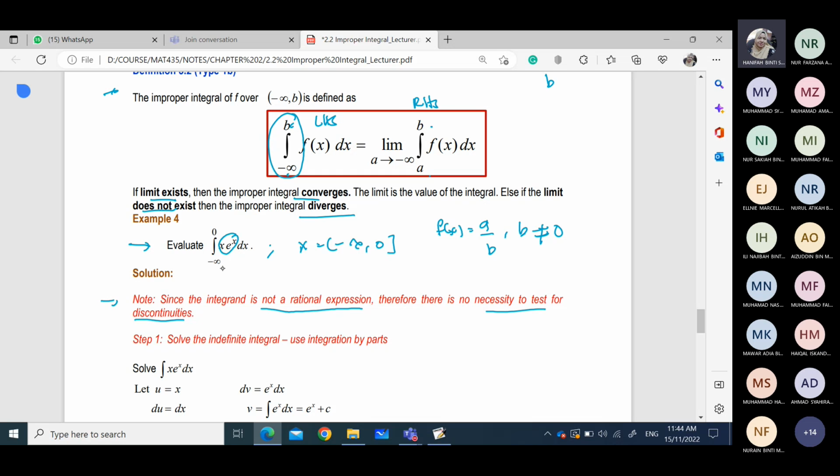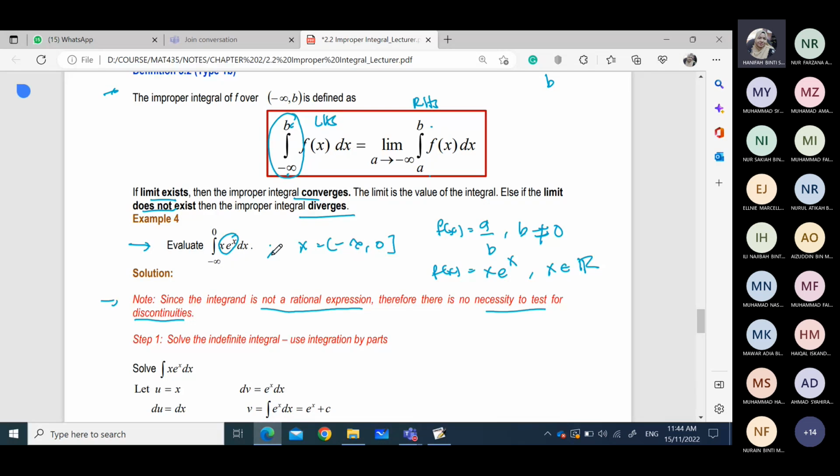But for this one, our function is x e to the power x, which has no rule. Maknanya tiada apa-apa syarat, which means x can be any real number. So we do not need to check the discontinuity. Even if you put in zero, it is defined.